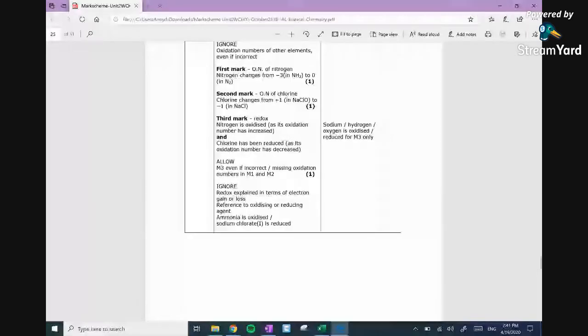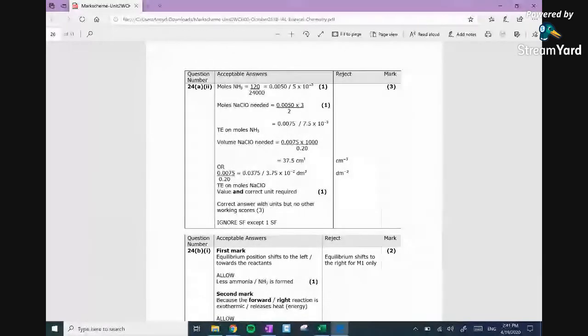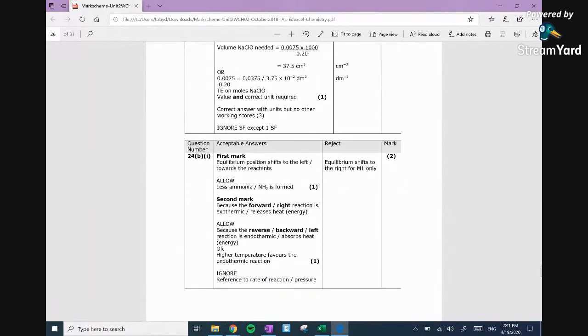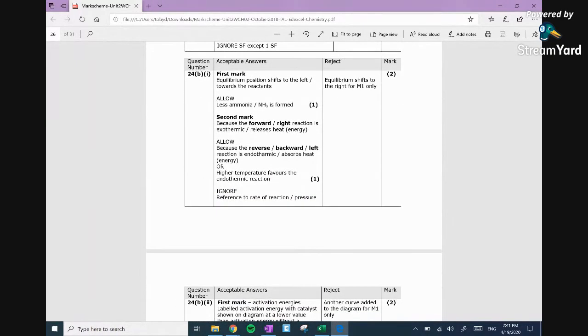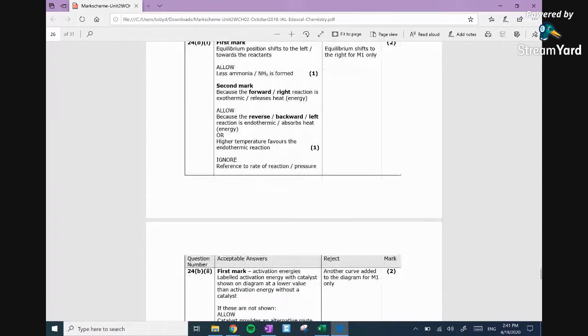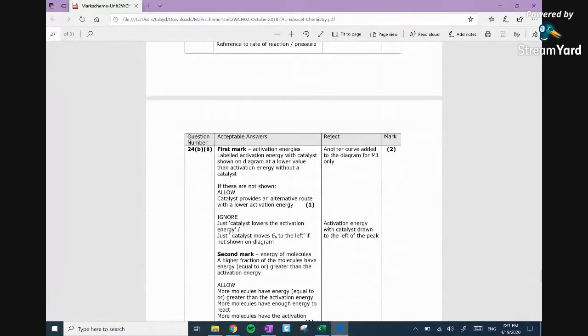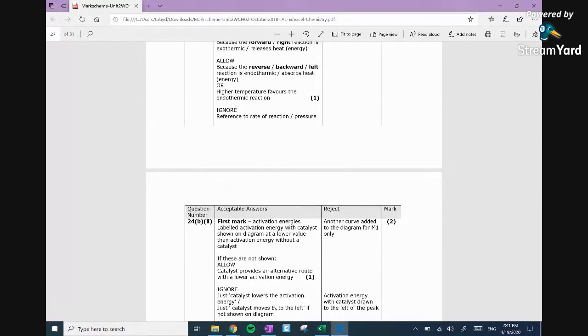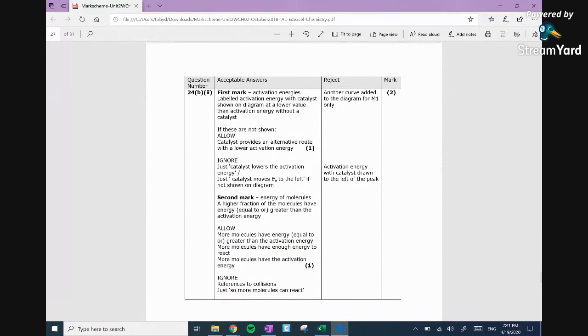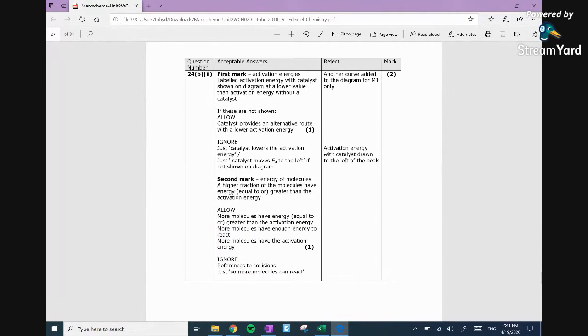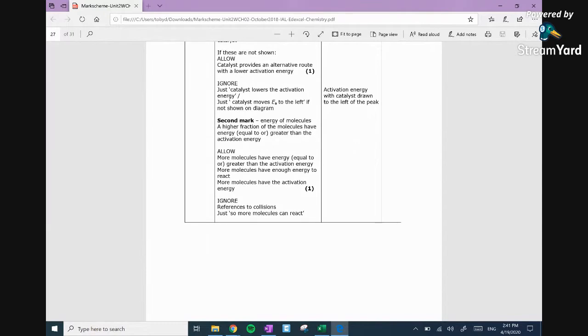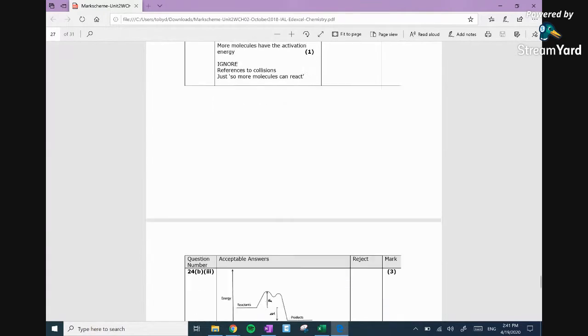Oxidation numbers. Yep, that's all good. Calculation. 37.5 looks good. Equilibrium, shift towards reactant, ammonia formed, right reactions, exothermic, all that jazz. Activation energy labeled and then with a catalyst, and then more molecules have activation energy.